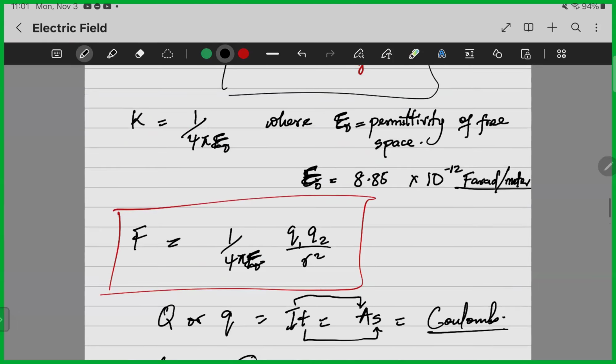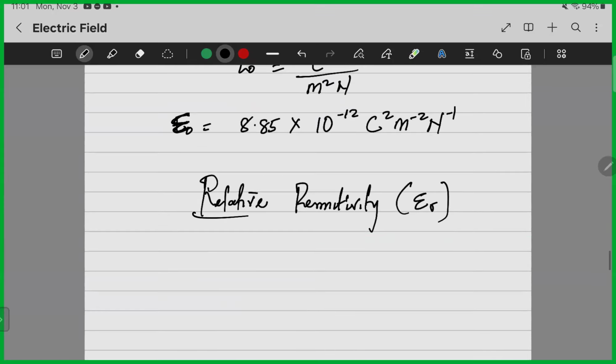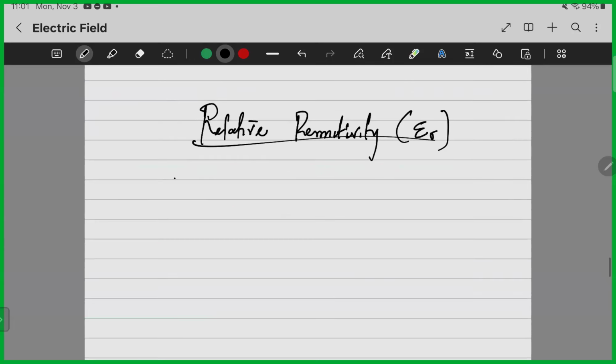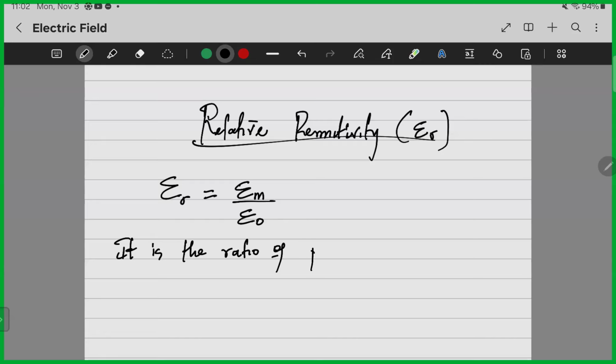Relative permittivity has the formula epsilon R equal to epsilon M over epsilon naught. So it's epsilon M divided by epsilon naught. We can say it is the ratio of the permittivity of the medium to that of air.